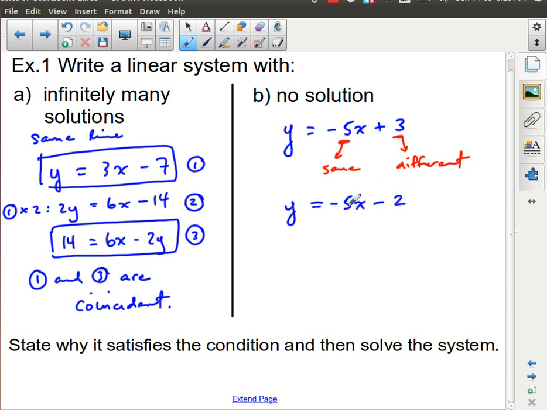Same slope, different y-intercept. Now I could just stop here, or I could manipulate this a little bit to make it a little trickier. So in this case, I'm going to take equation 2, and this time I'm going to multiply it by negative 3. So I end up with negative 3y.